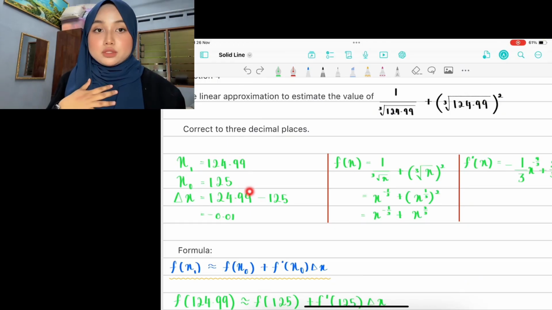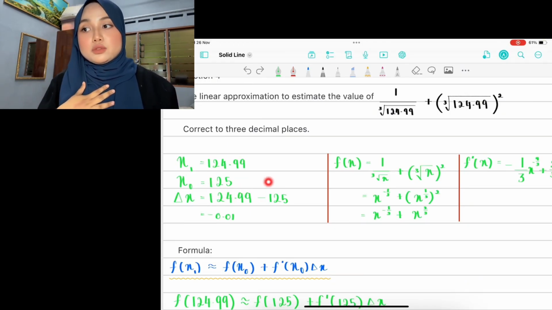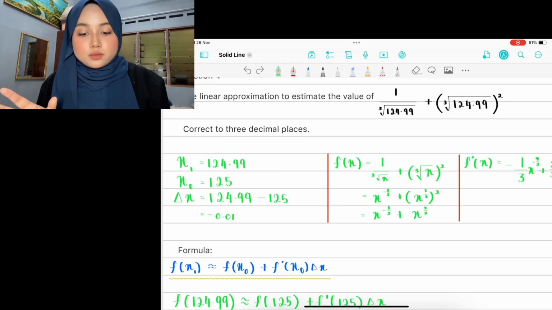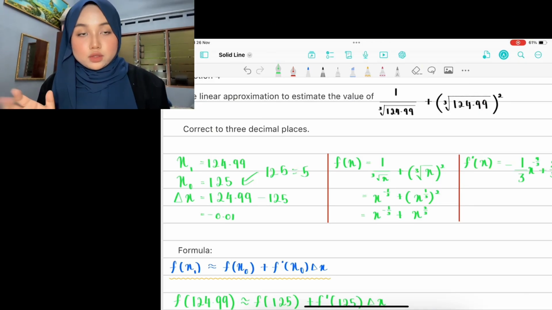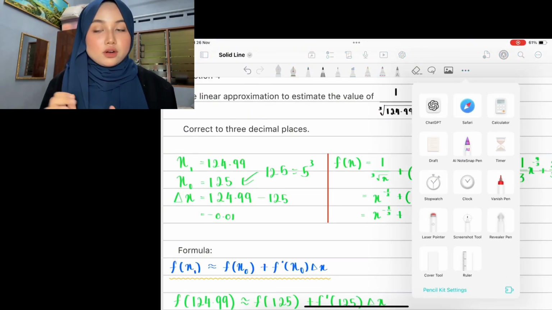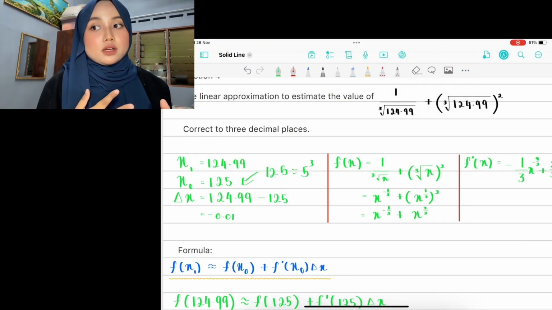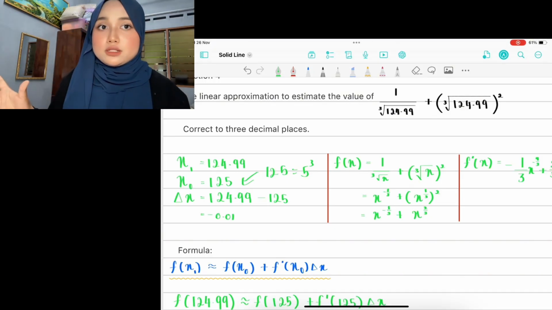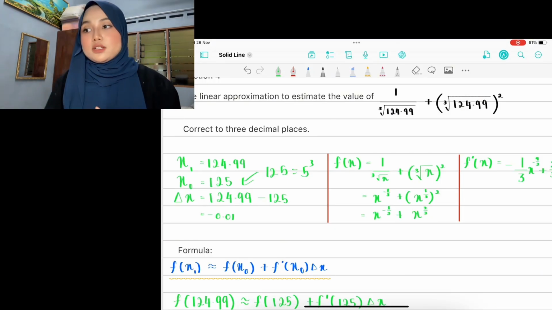I will choose 125, because 125 equals 5 cubed. Since it's a cube root, it's going to be simple.